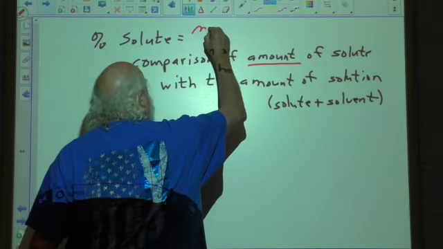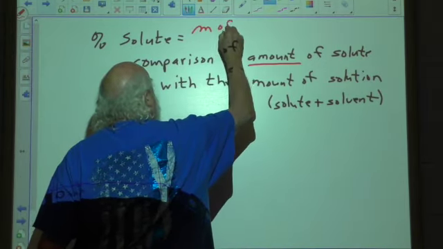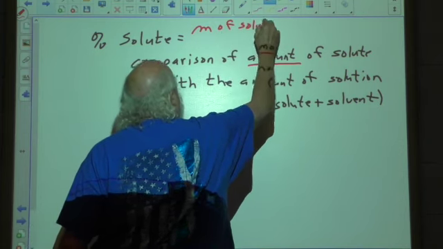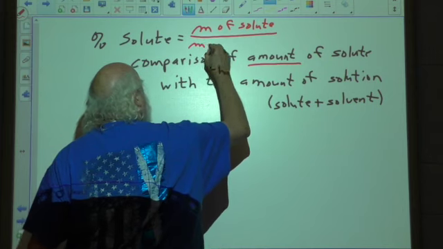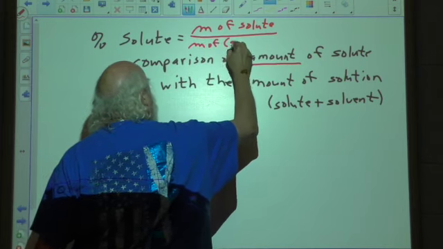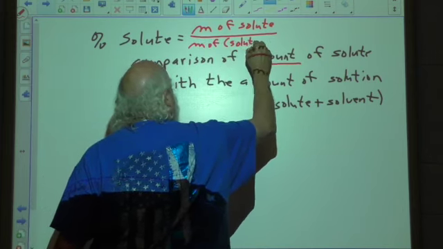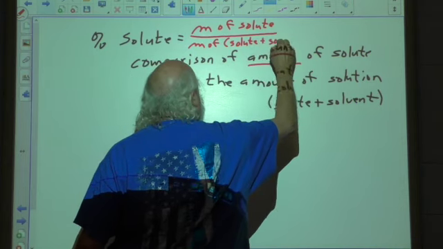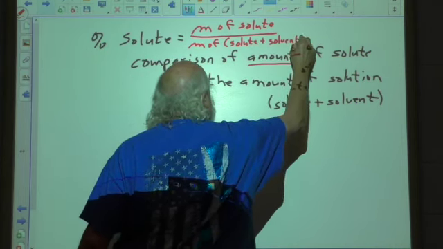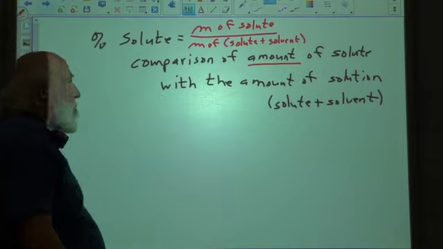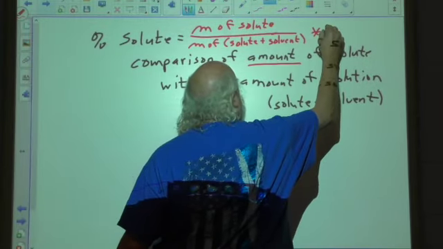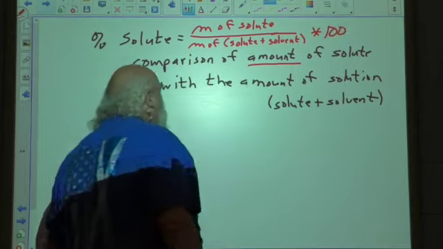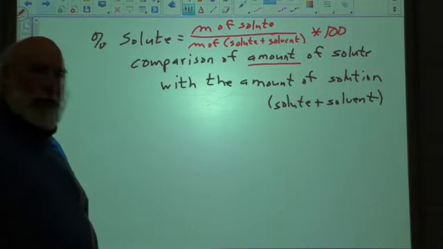So this will be the mass of the solute divided by the mass of the quantity solute plus solvent, because that's the solution. It's got to be the sum of those two, times 100. So that's the formula we're going to be using for these problems.